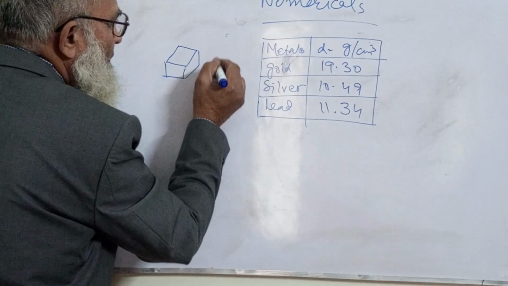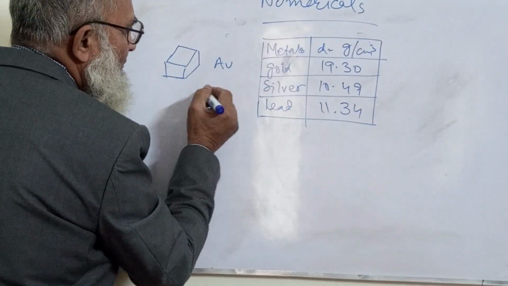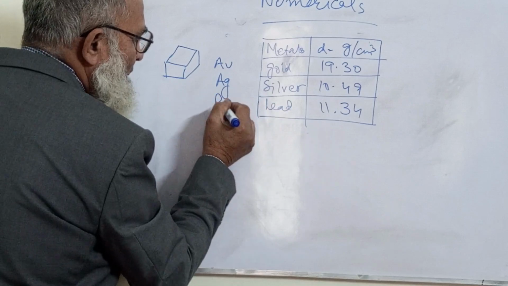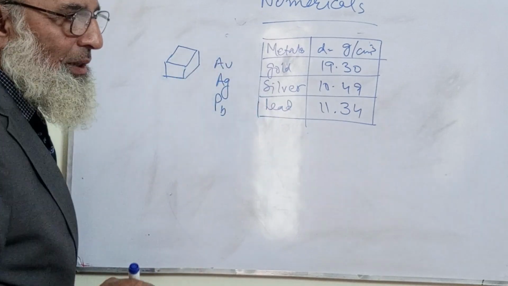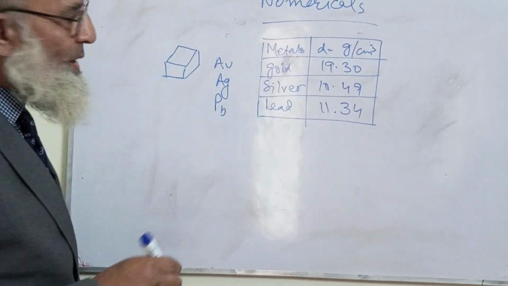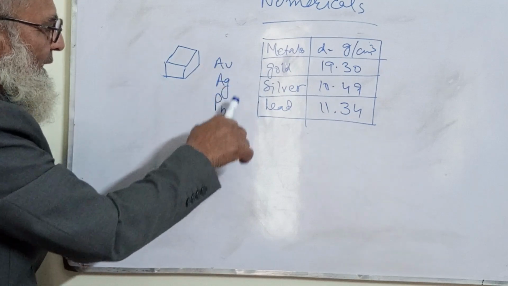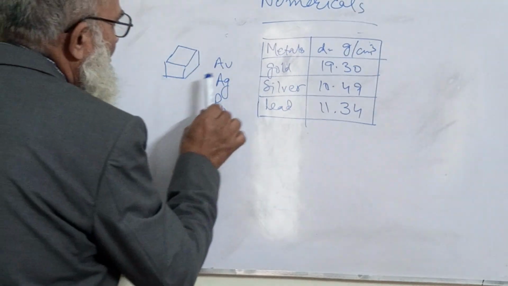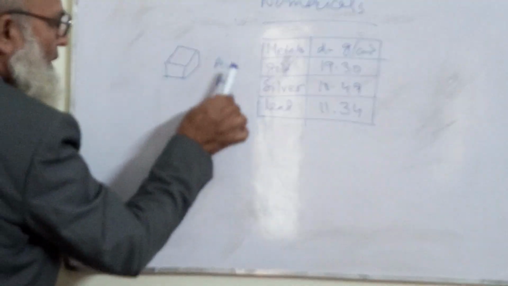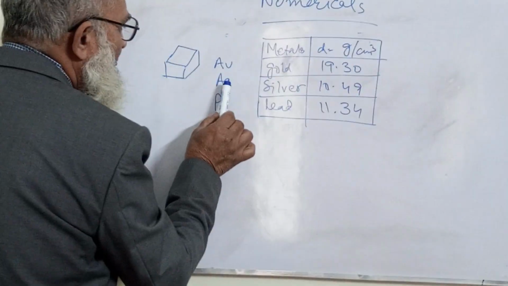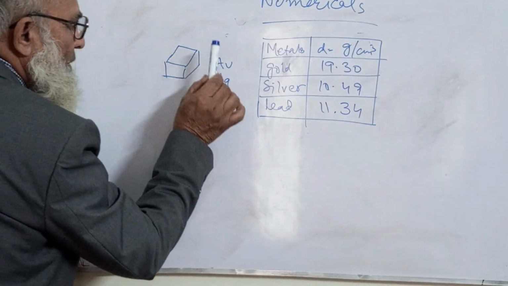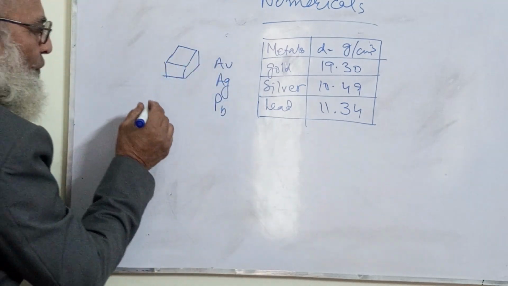Gold is Au, silver is Ag, and lead is Pb. These are their chemical names: aurum, argentum, plumbum. You can see the periodic table. Lead, silver, gold. The volume is the same.